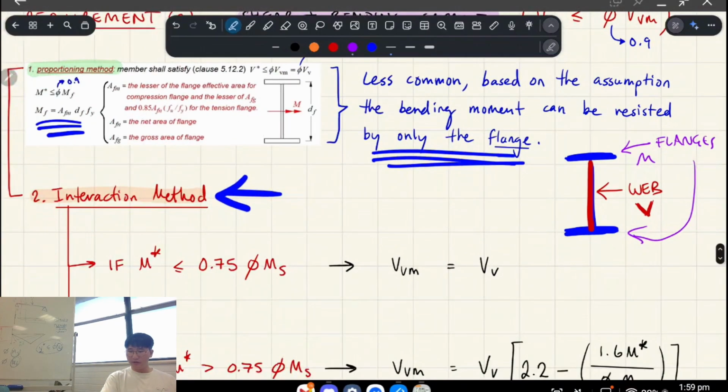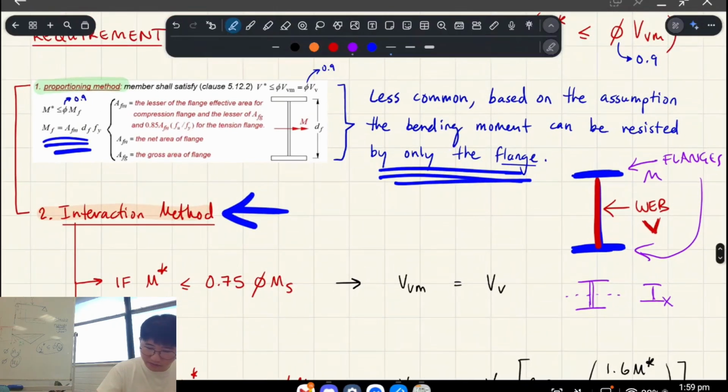This is because your moment of inertia, your I value, has the parallel axis theorem, right? So the further away your bit of metal is from the neutral axis, from the bending axis, the more it contributes to flexural stiffness, which is Ix, let's say. Okay, so the flanges take the bending, and the web takes the shear.